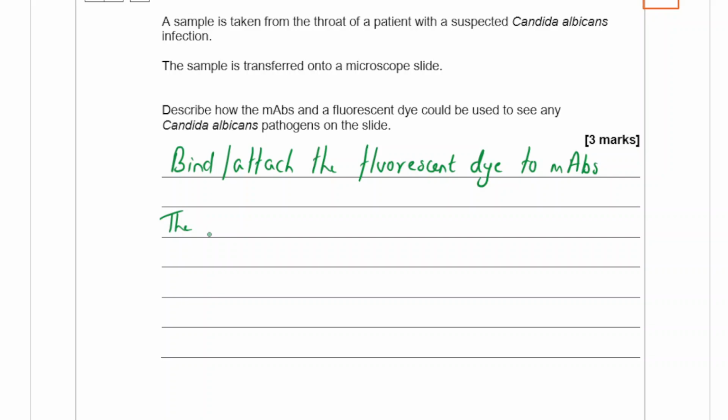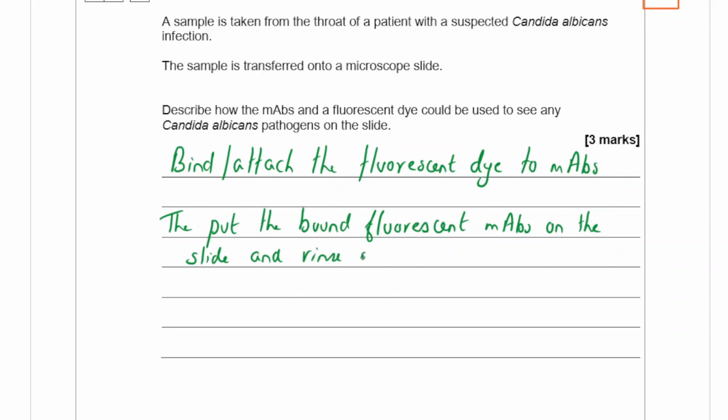Then put the bound fluorescent MABs on the slide and rinse off. So you want the excess dye to actually wash away.